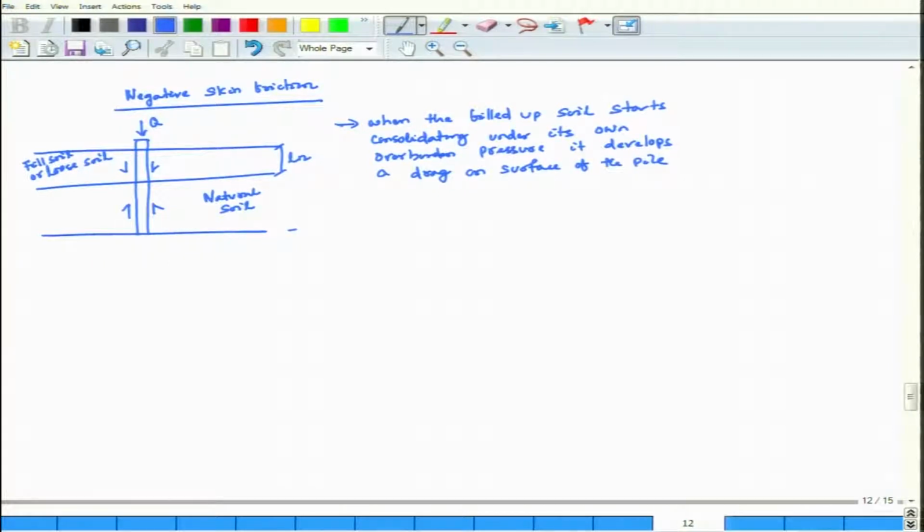The drag on the surface of the pile is called negative skin friction.